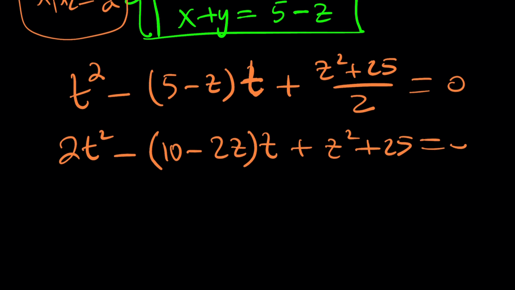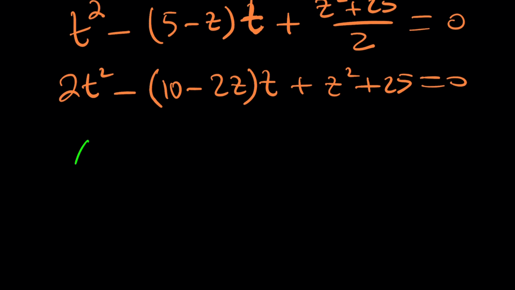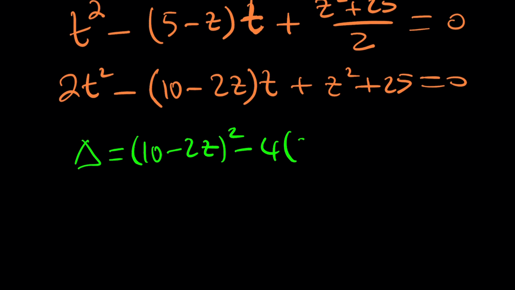Now, we're going to look at the discriminant of this quadratic equation. Why? Because our teacher said so, right? So the delta is going to be b squared minus 4ac, right? All right, awesome.